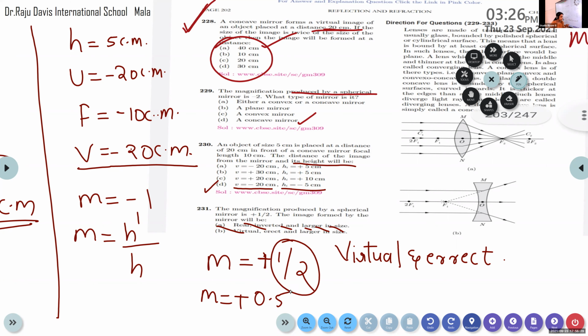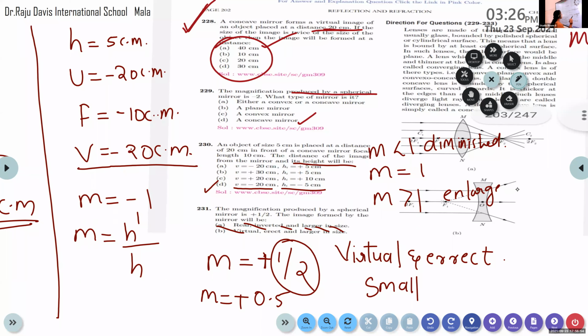Small. It is small, because we compare the magnification with the value of 1. If M is equal to 1, the size of the image is the same. If M is less than 1, it is diminished or small. Similarly, if M is greater than 1, it is enlarged.